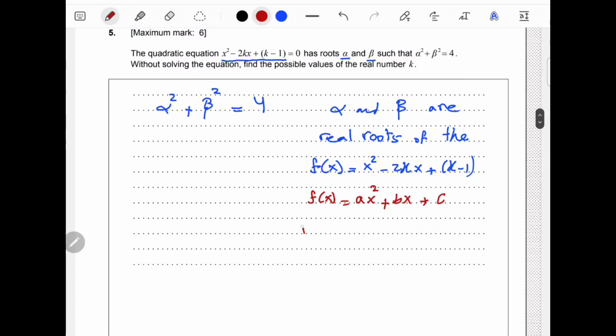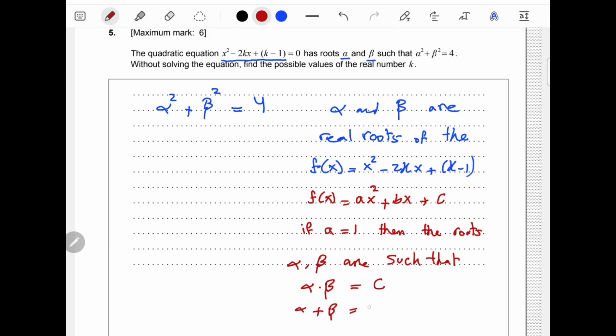And in case when a equal to 1, then we know that the roots of this equation, alpha, beta, are such that alpha times beta equal to c and alpha plus beta equal to minus b. So in this case, alpha times beta equal to c, which is k minus 1.